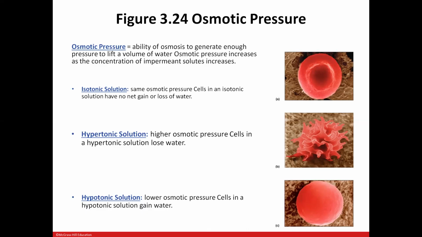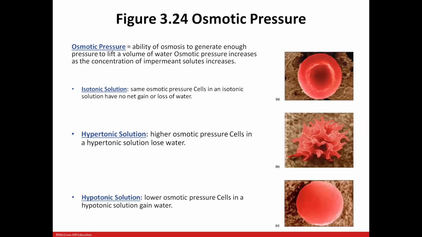Now, in a hypertonic solution, imagine the outside of the cell is full of salt, like salt water. Like you put this poor little red blood cell in salt water. Because there's so much salt outside of the cell, water wants to follow, and it's going to leave the cell. Because it's leaving the cell, that red blood cell is going to shrivel up.